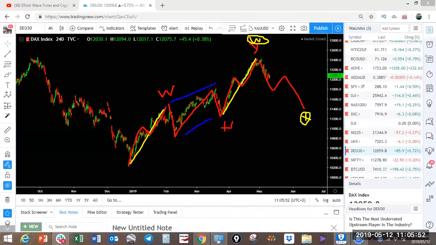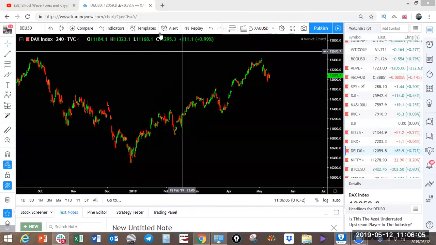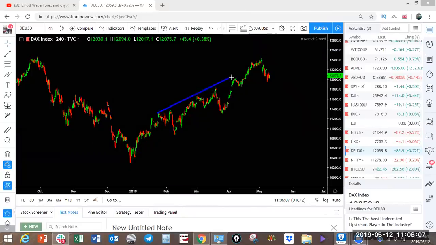This is the structure. Okay? 3 waves there, 3 waves there, 3 waves there. There is no 5-wave move there. Okay? There isn't even a diagonal. The diagonal does not confirm there. Although this could have been something like this, it could have been something like this. Okay?